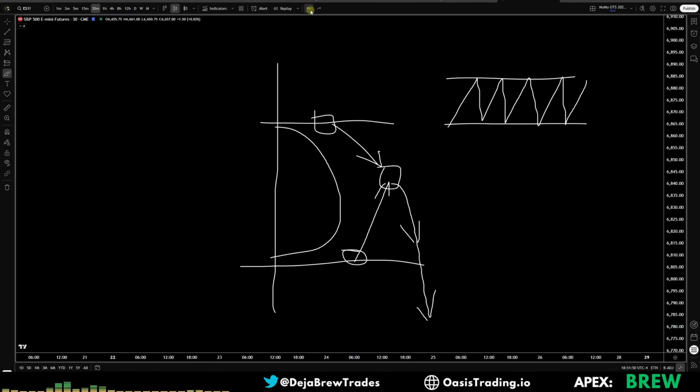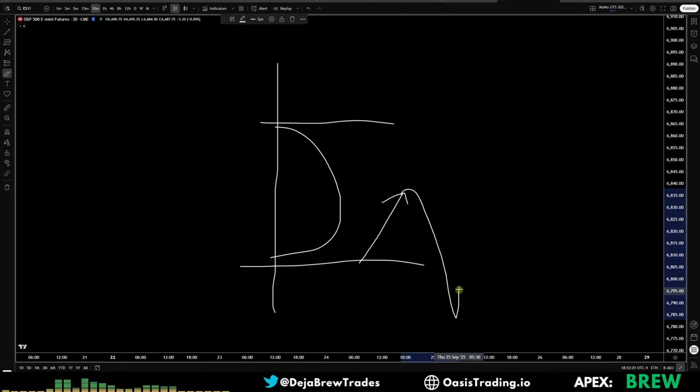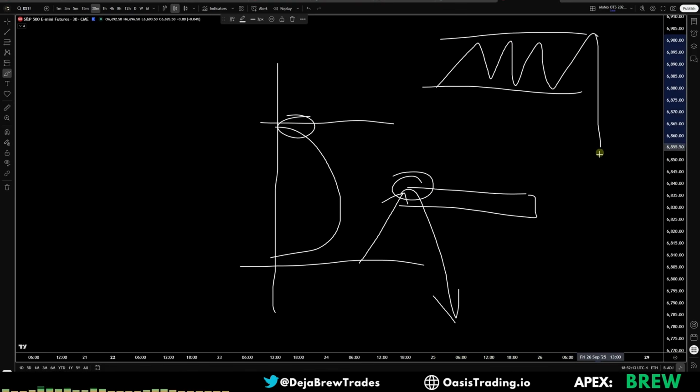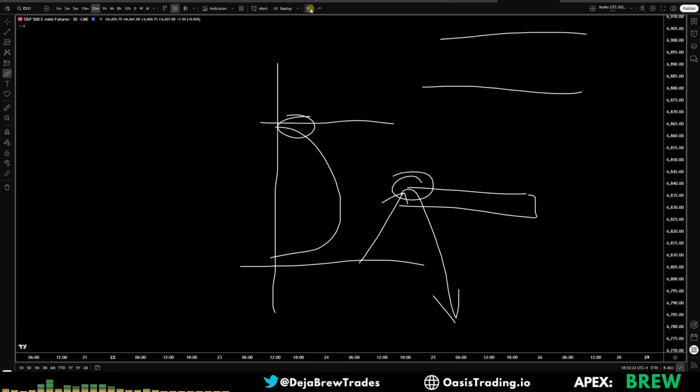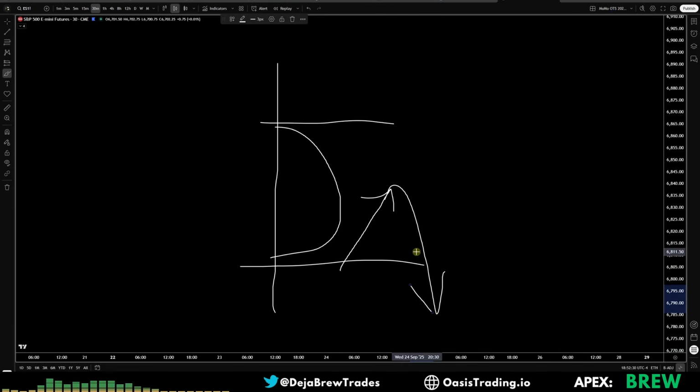So these failures to rotate identify a key point of origin that starts to shift the market. Okay, that failure to rotate could turn into a very aggressive sell, which creates a point of origin. It creates a lower high, and then your market structure goes from being neutral to being bearish. Now, whether that's bearish aggressive or bearish responsive, we'll get into that later. We'll get into that on the volume profile video. That doesn't matter. But what you're looking for is that failure to rotate turning into a market structure shift.